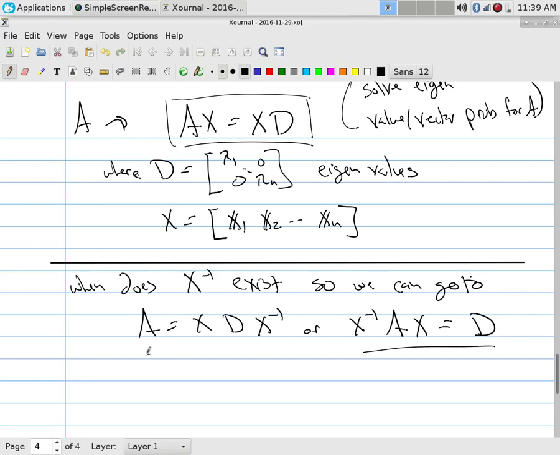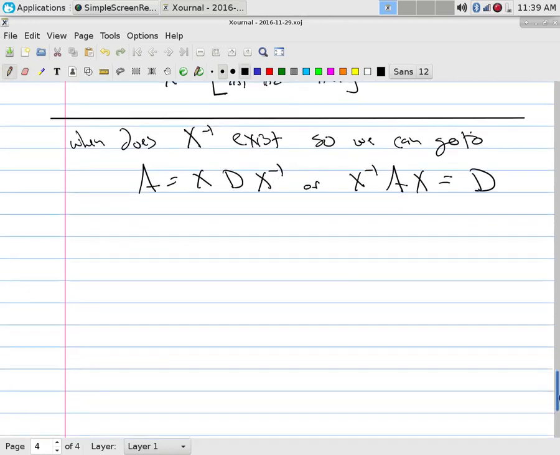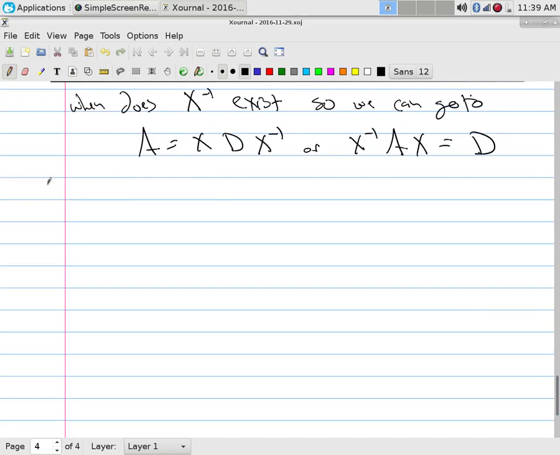If they ask you to write the diagonal factorization of A, give me A as factors, they want you to write the first one. The only way I can do this is if X inverse exists. So what we need, obviously, is n linearly independent xi. Because if they're linearly independent, that matrix is going to be non-singular, and therefore it's invertible. So I need linear independence.